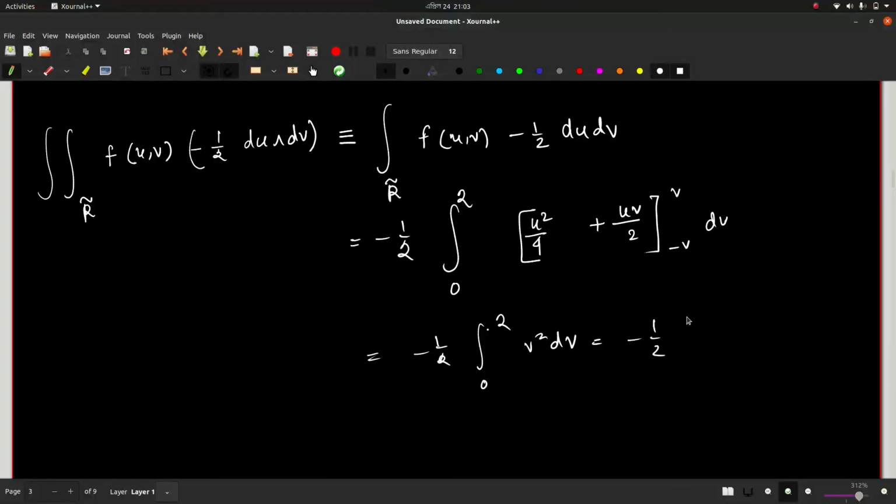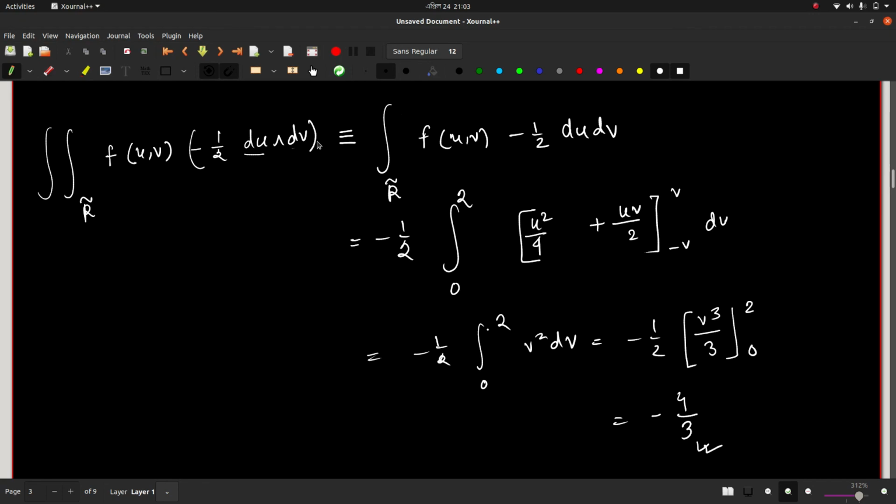This is minus 1/2 times v cubed by 3, and finally you put the limits 2 and 0. If you put 2, this is 2 cubed, that means 8, and there's a 2 over here, so it's minus 4 by 3. Now note that we took the orientation as du wedged with dv, and if we took the opposite, this minus sign wouldn't be here.